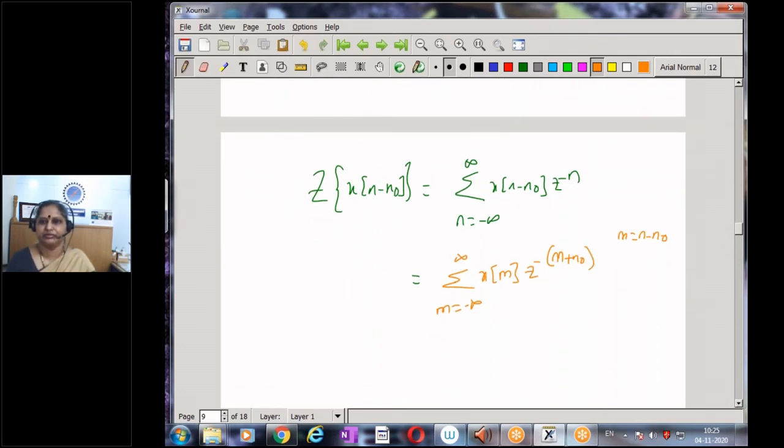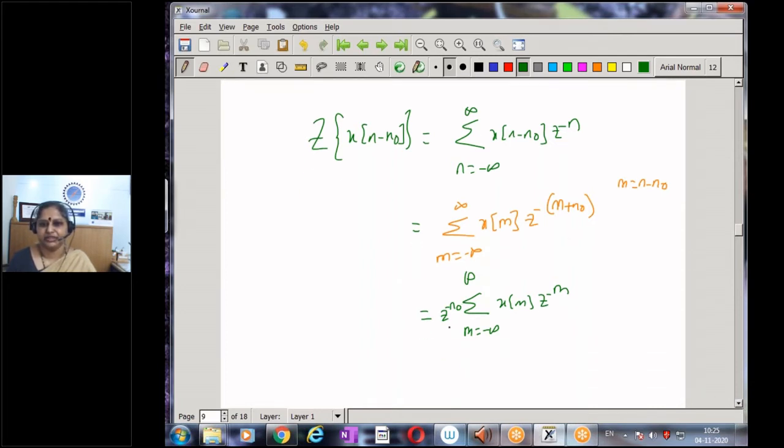And so I have this as m equal to minus infinity to infinity, x of m, z to the power of minus m, and z to the power of minus n naught. Z power minus n naught is not a function of m, it's a constant. n naught is a constant, and hence I can get it out of the summation.